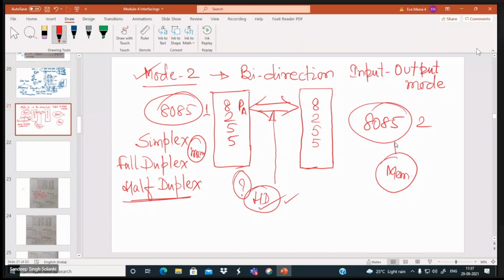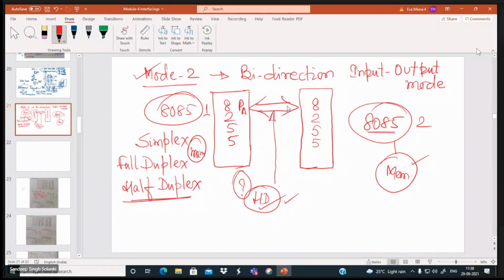You have some data here, attached with the 8085 memory, and you want this data here, so what is to be done?